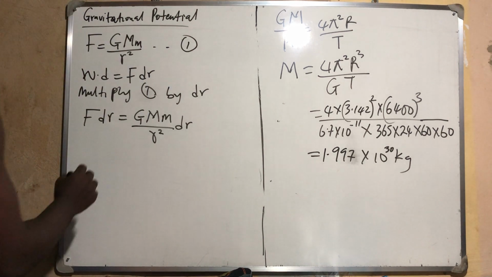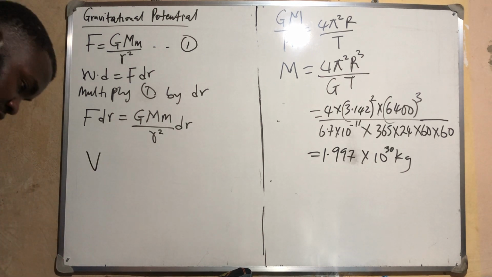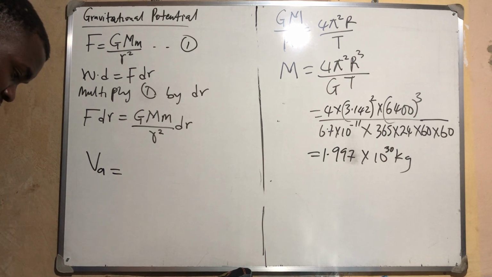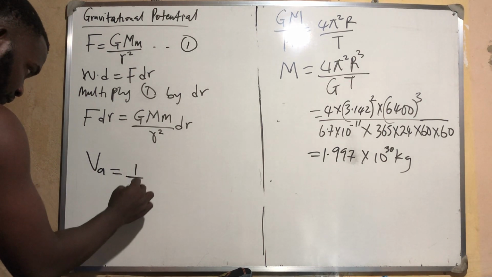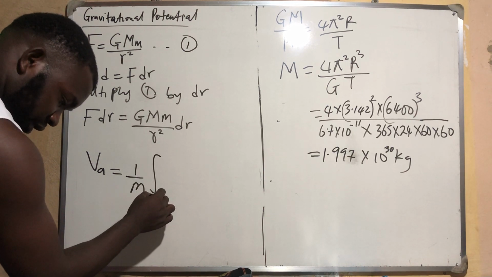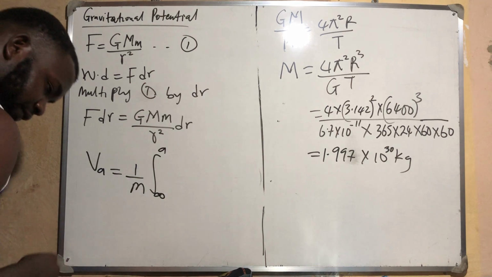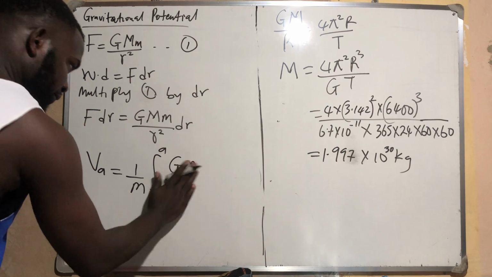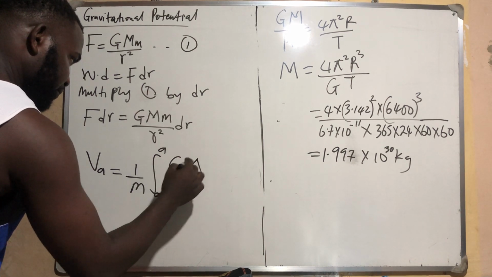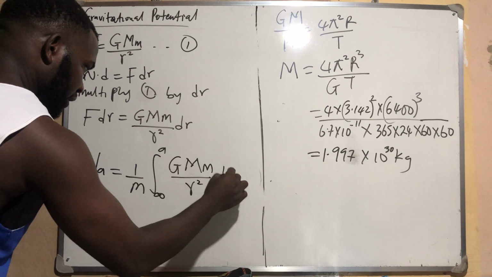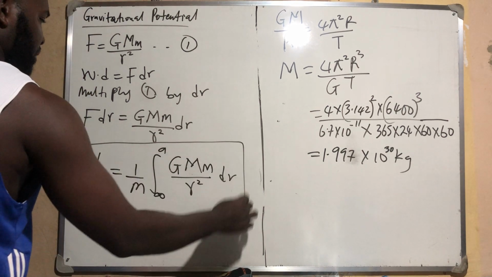the work done per unit mass, the potential difference, or gravitational potential, is given by V equals 1 over m, the integral from infinity to a, of G M over r squared dr. So you need to know this, very very important.